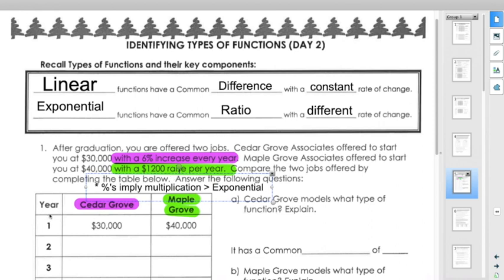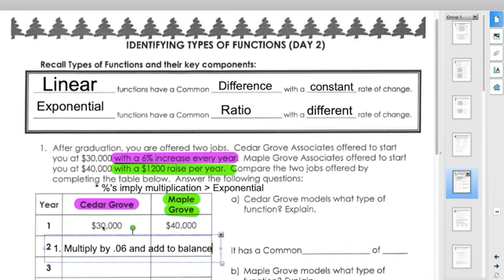So there are two ways I can go about getting to year two from $30,000. The first way, I could multiply by, what is 6% as a decimal? That's 0.06.